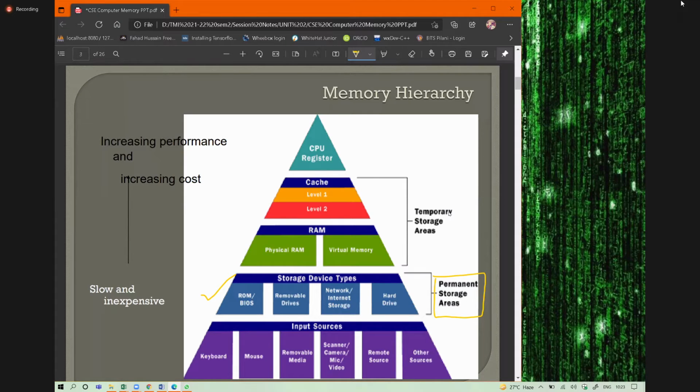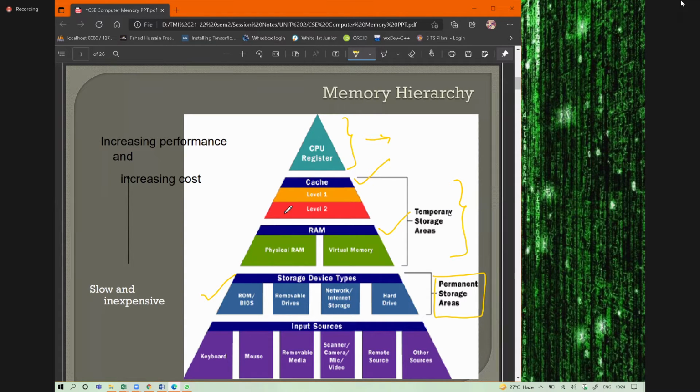And this is called temporary memory, in which you are having cache memory, cache level 1, level 2, level 3 memory. Then RAM is also there, physical memory and virtual memory. And finally, the fastest memory in the world is called CPU register memory. Okay. So these are the different types of memory categories.